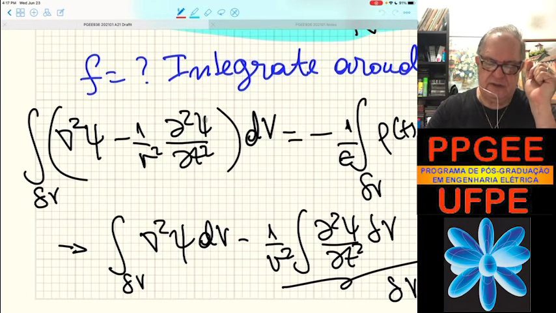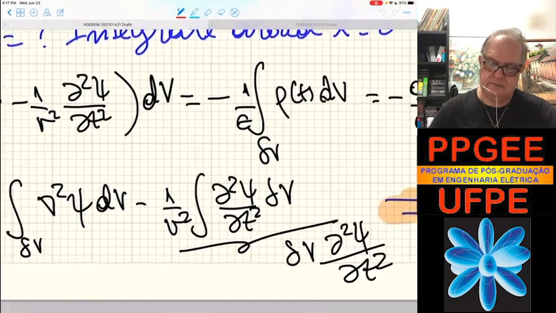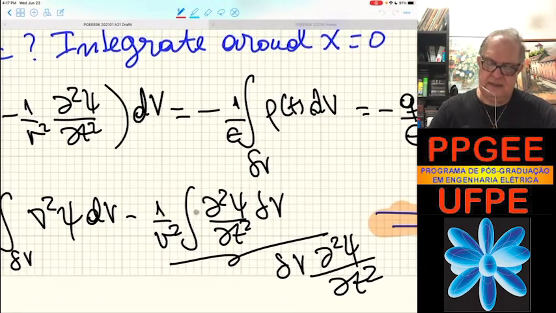And we have this function here. The second integral is easy, because this is simply approximately the second time derivative times the volume.